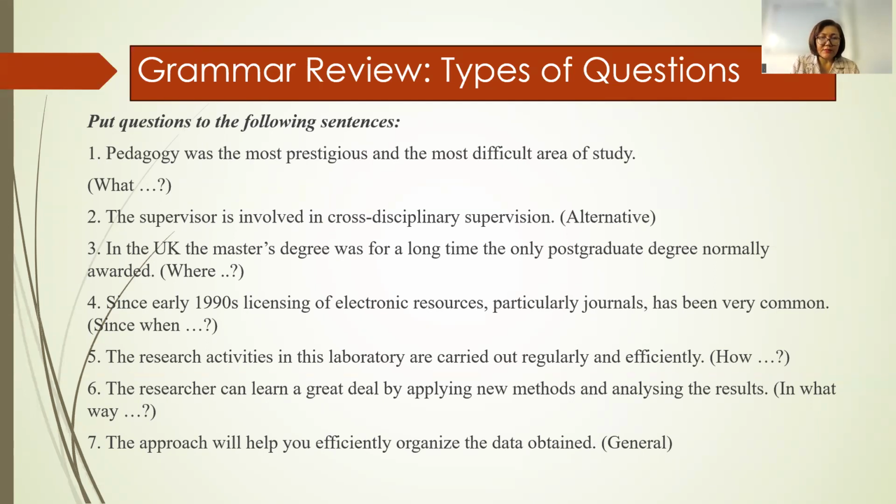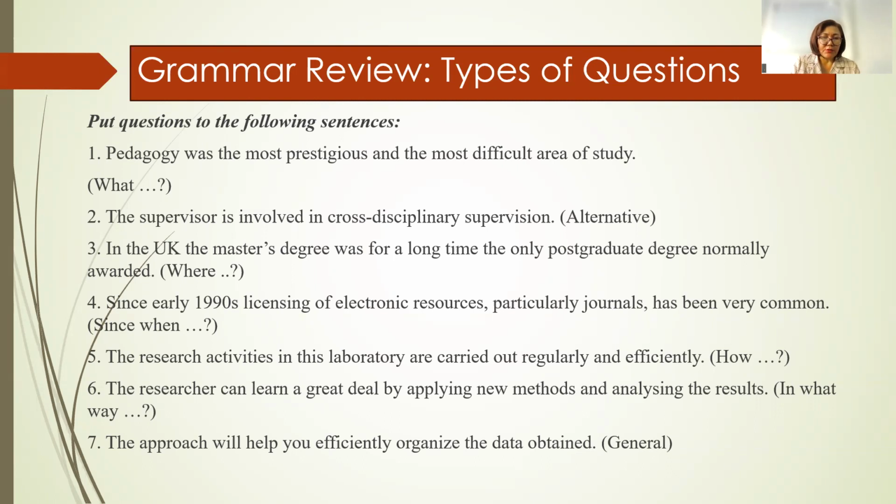In the UK, the master's degree was for a long time the only postgraduate degree normally awarded. We can use where. Where was the master's degree awarded for a long time the only postgraduate degree?